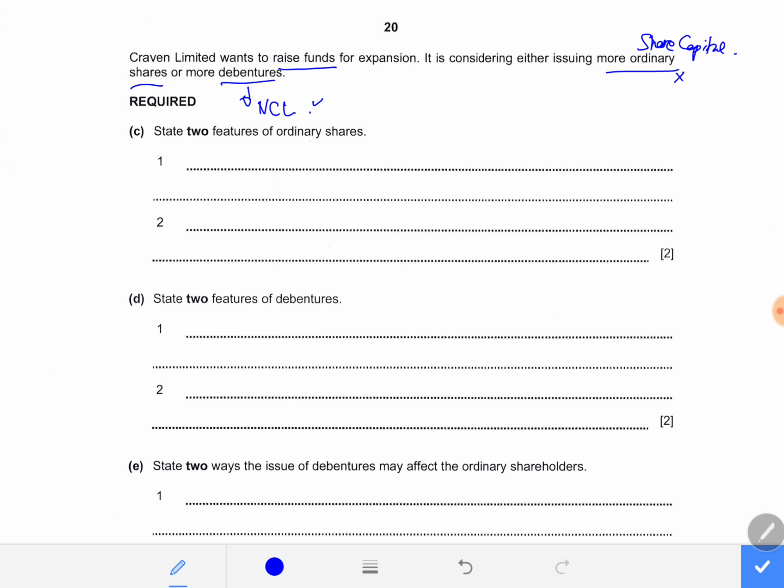Ordinary shares are share capital. Meanwhile, debentures are non-current or long-term liabilities.